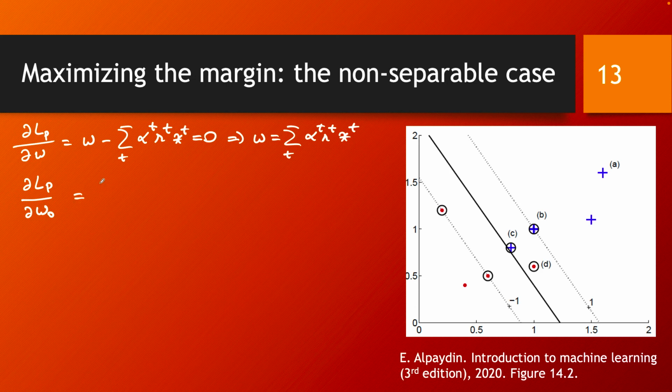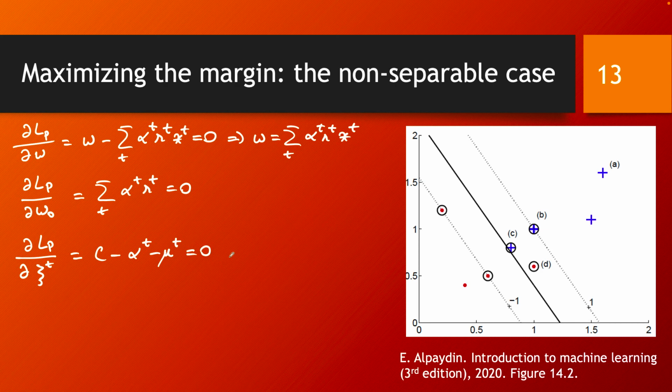This is sum by t of alpha t r t is equal to 0. And then we have the partial derivative of L_P with respect to xi t, and that was C minus alpha t minus mu t, and we set this one to be equal to 0 for all data points t.